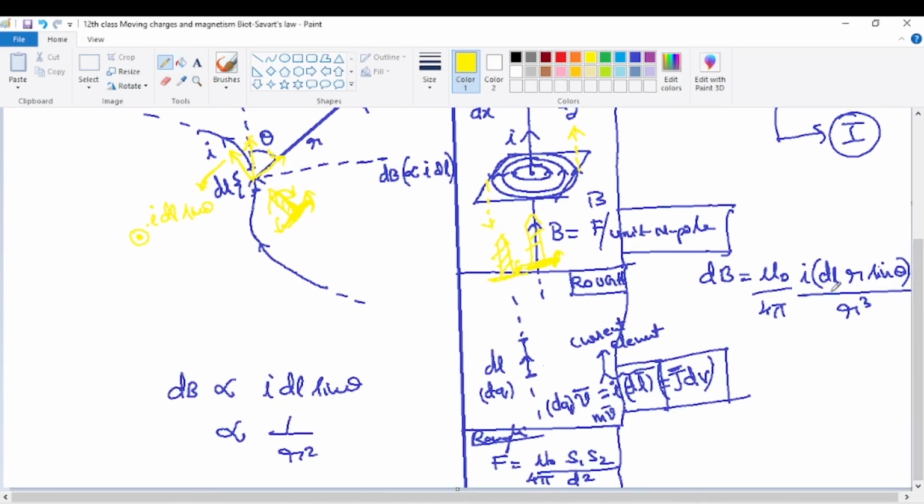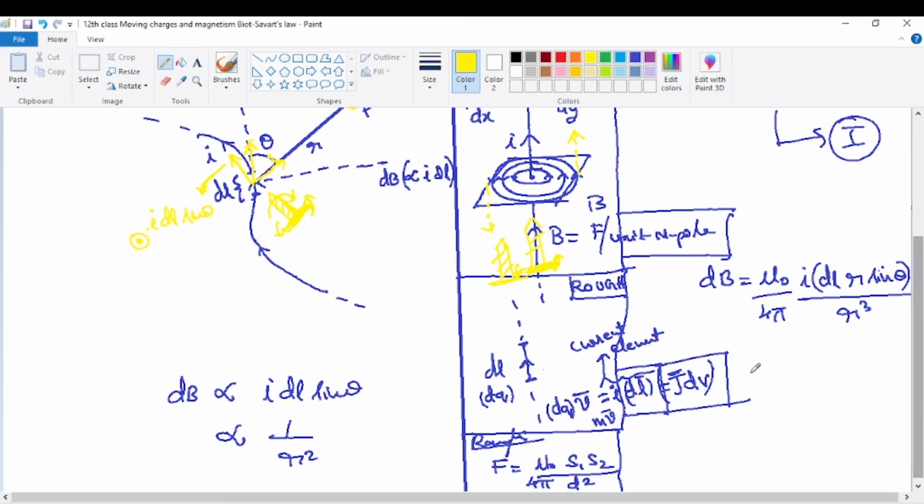Now I'll write this in vector notation, it can be written in a very easy manner. See here, this can now be written as dB bar, with vector nature, is equal to μ₀/4π, I into dl. Okay, just a moment please. See here, I into dl into r sin θ.